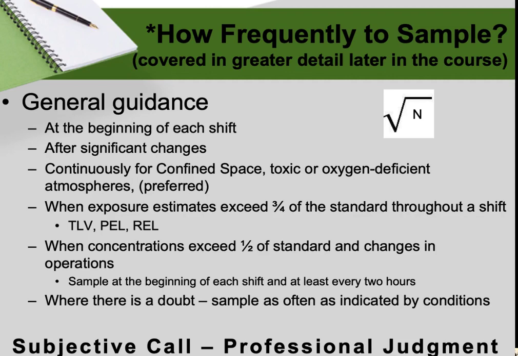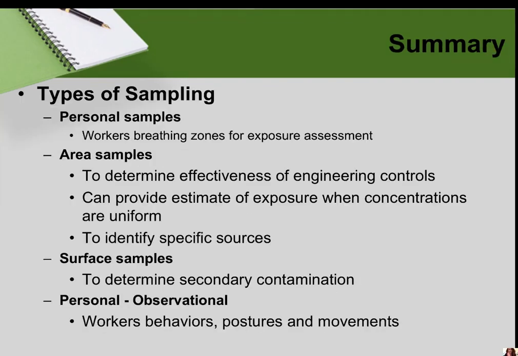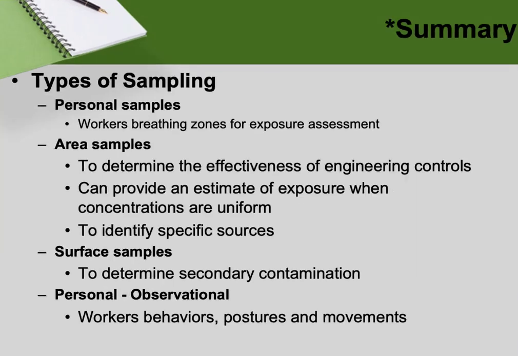Continuously, of course, for confined space, toxic or oxygen deficient atmospheres, where exposure estimates exceed 3/4 of a standard throughout a shift, or when concentrations are greater than an action limit or half, we need to continually sample. There definitely is some subjective bias in there, but we'll look at this topic. We'll explore it further as we move on.